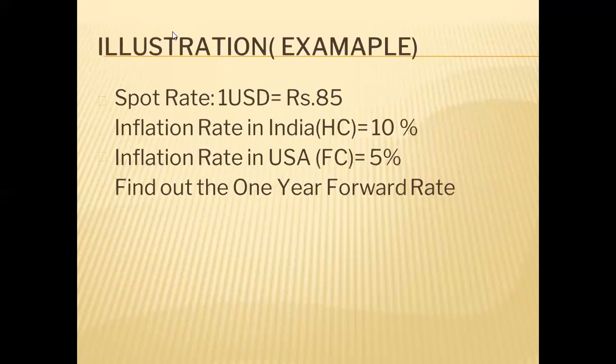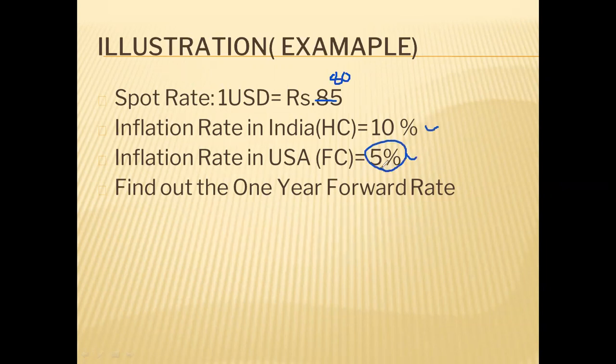Check this illustration. Today's spot exchange rate between USA and India is 80 rupees, and the inflation rate in India is 10 percent and the inflation rate in USA is 5 percent. So check, US inflation is less than the Indian inflation.